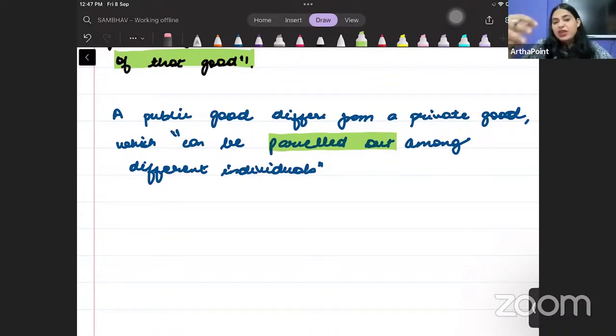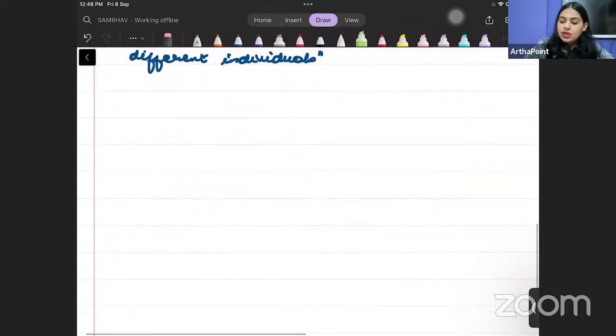So if you pay for the good, you can get it at your place also. I can distribute it among you. But can I distribute a flyover and say, part A of the flyover is for you, part B is for you? No, I can't do that. So when I talk about a private good, the way he defined it is one which can be parceled out among different individuals.